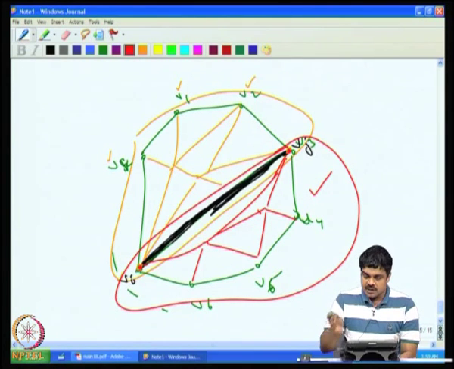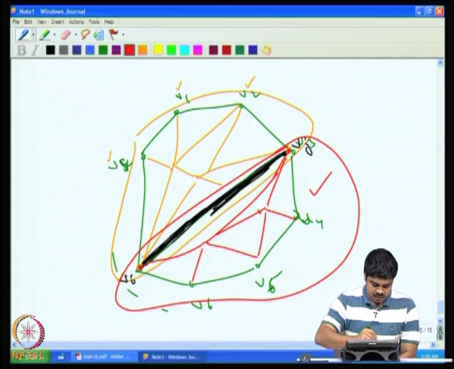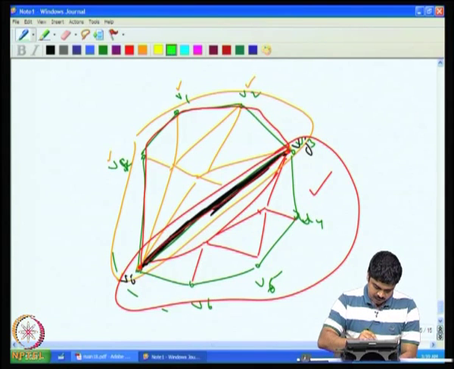The reason is that the chord splits this outer cycle into 2 different cycles, one here and the other here.